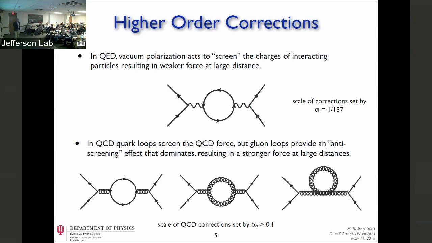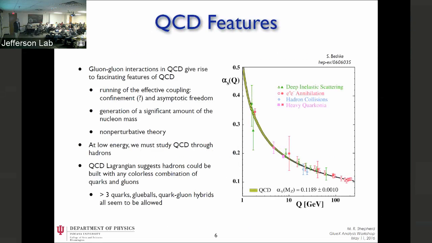And that's what results in, ultimately, we think it results in confinement. And the inverse effect at low scales is asymptotic freedom. And so all this emerges from, again, rooted in gauge invariance and the fact that you have 3 colors in QCD. And it's interesting to try to understand then what QCD predicts about the spectrum of hadrons.